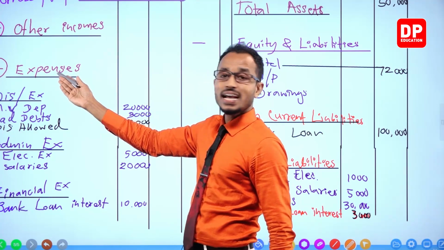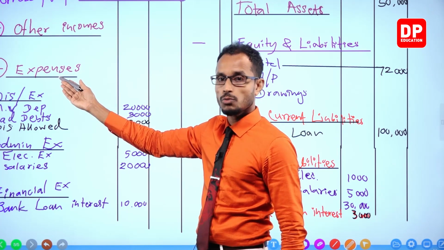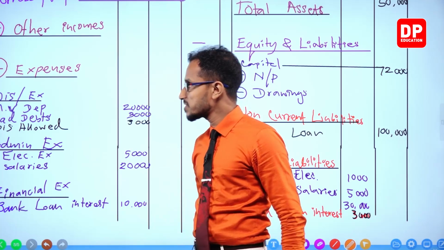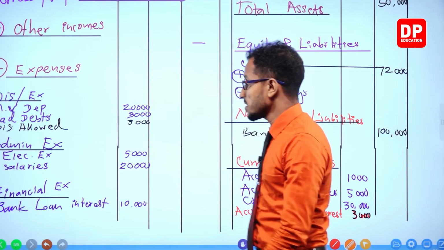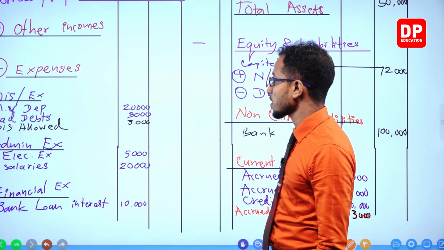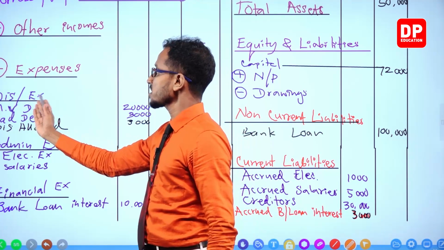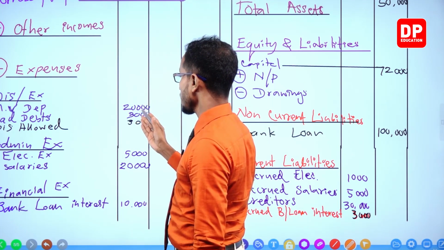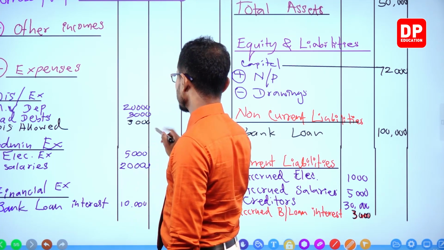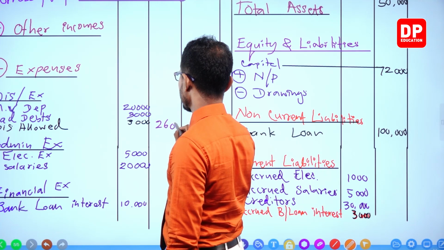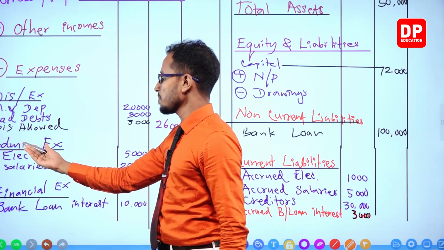Only the subtractions are left now. What to subtract? Expenses. Take the total expenses. First, distribution expenses. 20 plus 3 plus 3, 26,000. Then admin expenses.